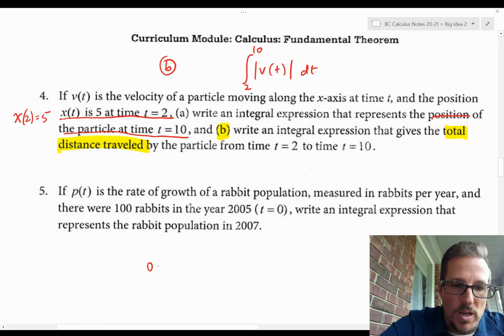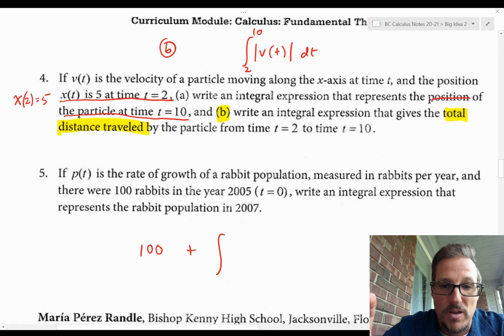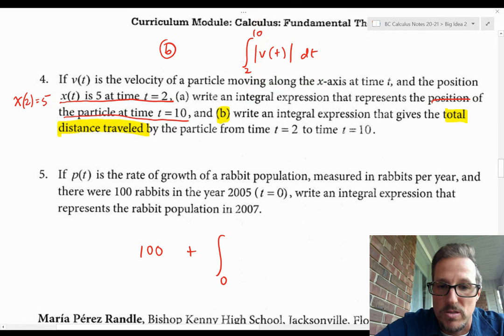There was 100 wabbits, and then I want to add the total change in wabbits, and that's going to be the integral from time 0 in 2005 to time 2, which is 2 years later, and then I want to integrate the rate of change. So I want to integrate p of t dt.